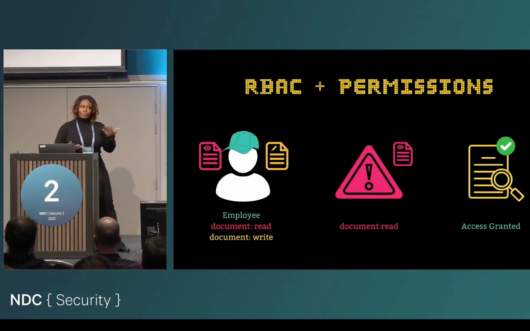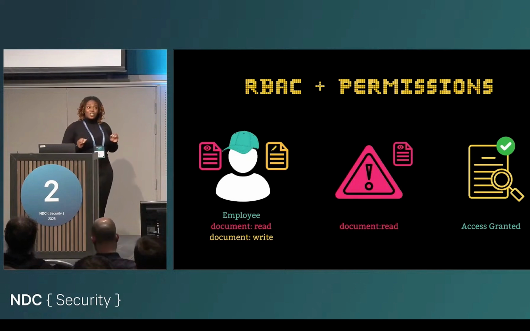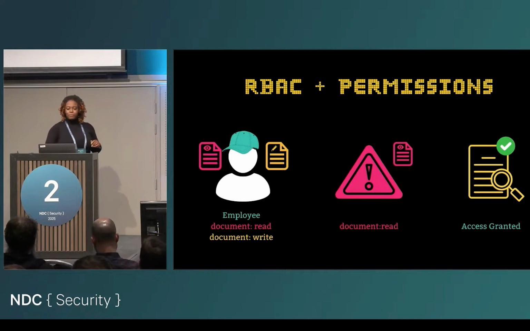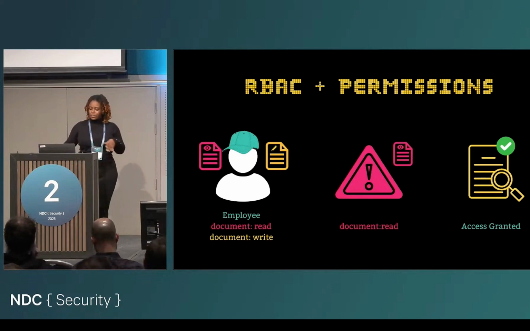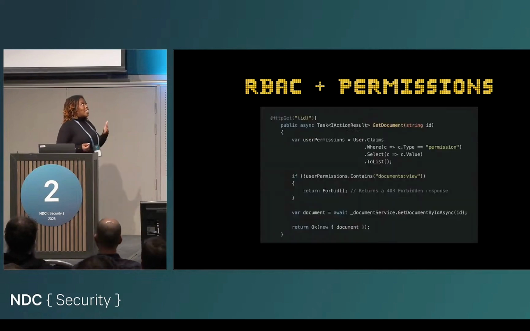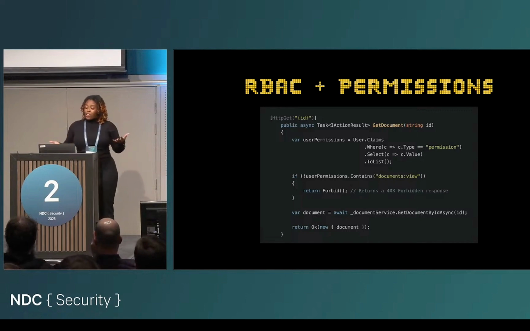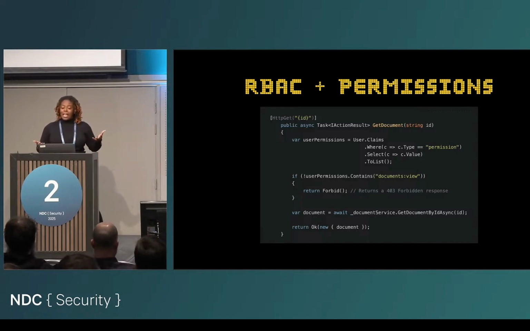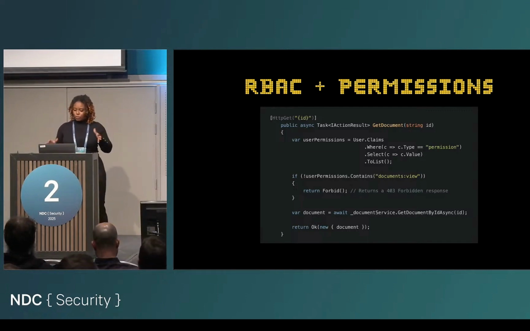Now, our user or entity in this case is still in the role of an employee, but they have a few additional permissions: document read and document write, so they can access the resource. Now, let's have a look at what this looks like in code. Here, we only have one check, and it checks if the user has a document view or document read permission. Then they can access the resource. Otherwise, they'll get a 403 forbidden.